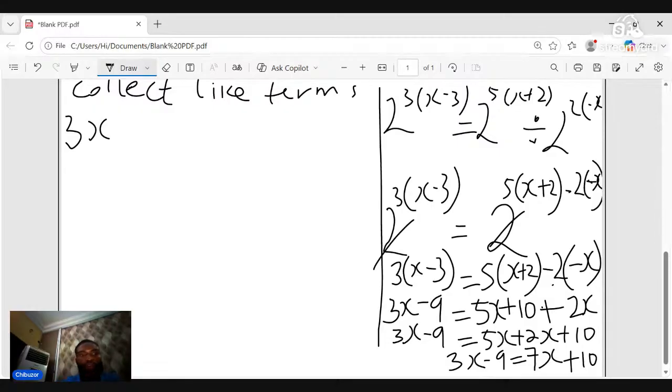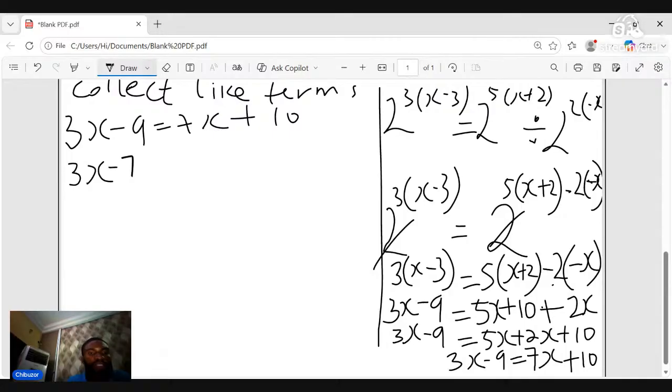Okay, so we'll come over to this side. We'll say 3x minus 9 is equal to, I'll bring it to this side first, plus 10. So we are still collecting like terms. We'll bring 3x and 7x together. That will be 3x. 7x will come over to this side, will give us minus 7x is equal to 10.